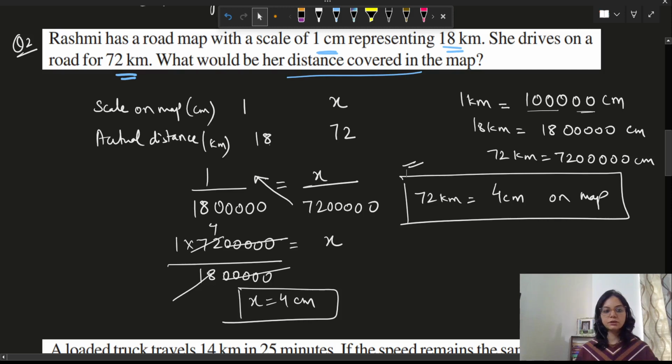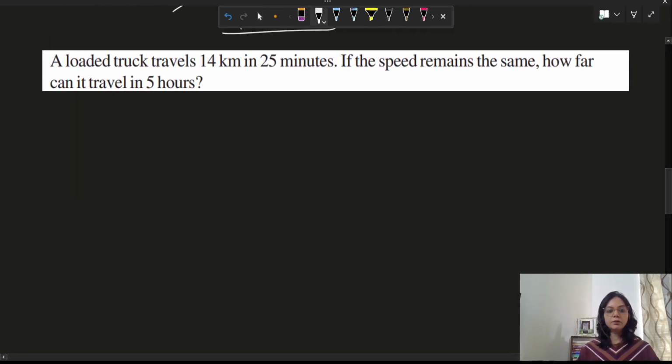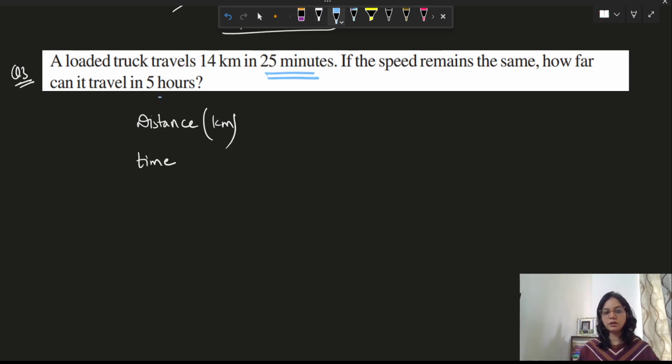Now let's move to the next question, students. A loaded truck travels 14 kilometer in 25 minutes. If the speed remains the same, how far can it travel in 5 hours? So again we have two things over here. One is the distance, another is the time. Distance is given in kilometer. Time, you see it's over here 2 units, minutes and hours.